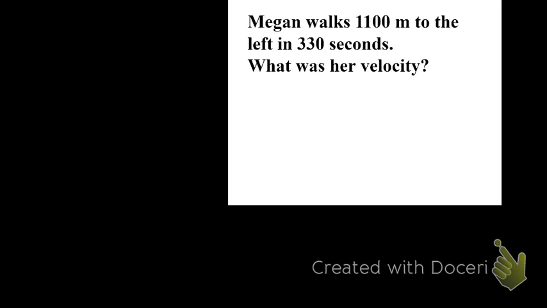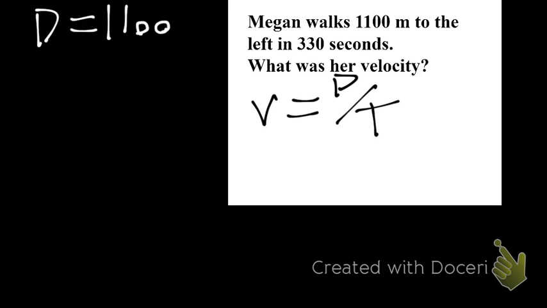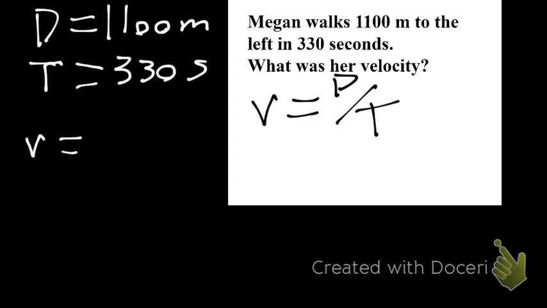So here's our next one. Here we are looking for velocity. And velocity is equal to distance over time. So we don't need to move this formula around at all. We can use it just like it is. So we know the distance equals 1,100 meters, and time is 330 seconds. So we will take distance over time, 1,100 meters over 330 seconds.